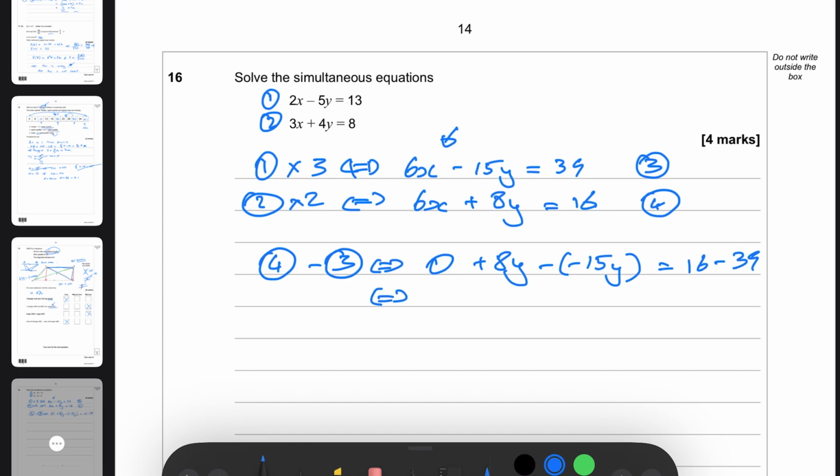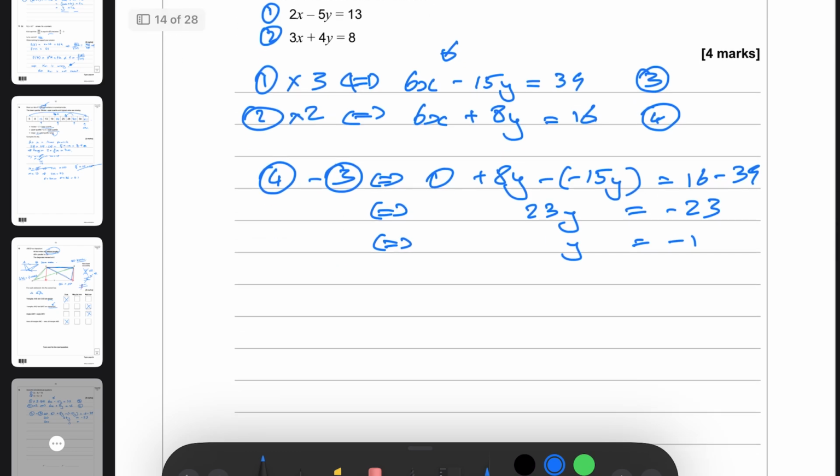So we have 23y equal to 39 minus 16, which is 23. So that gives us y equals minus 1.